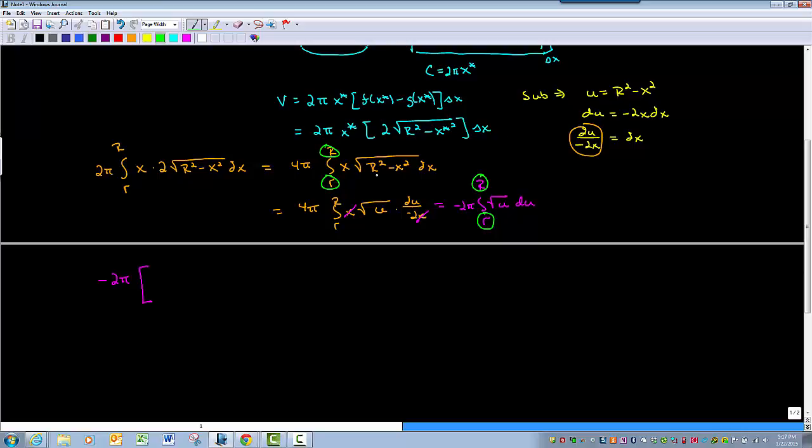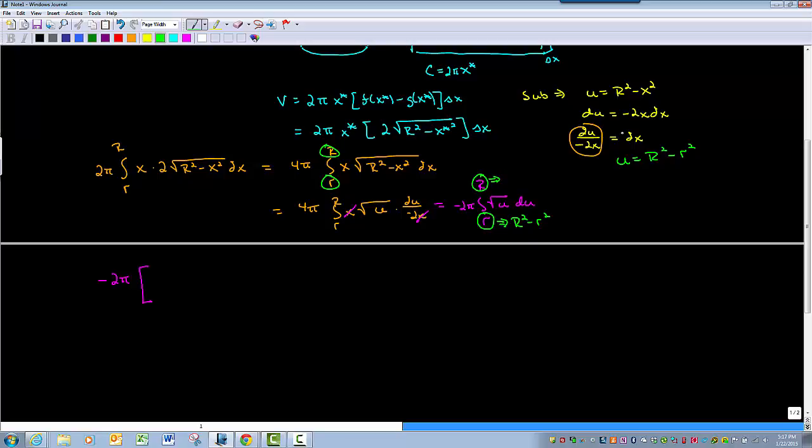So if x is little r, then what is u? Well, then u is big R squared minus little r squared, because x is little r. So our lower bound for our integration, this guy dealing with u, should get replaced with big R squared minus little r squared. Now what about this guy up top?